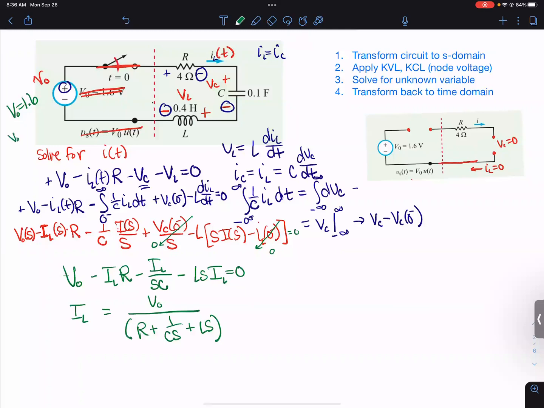And so V naught of S is going to be 1.6 over S. And so looking at that one particular function, then this becomes 1.6 over S times 4 plus 1 over 0.1S plus 0.4S.